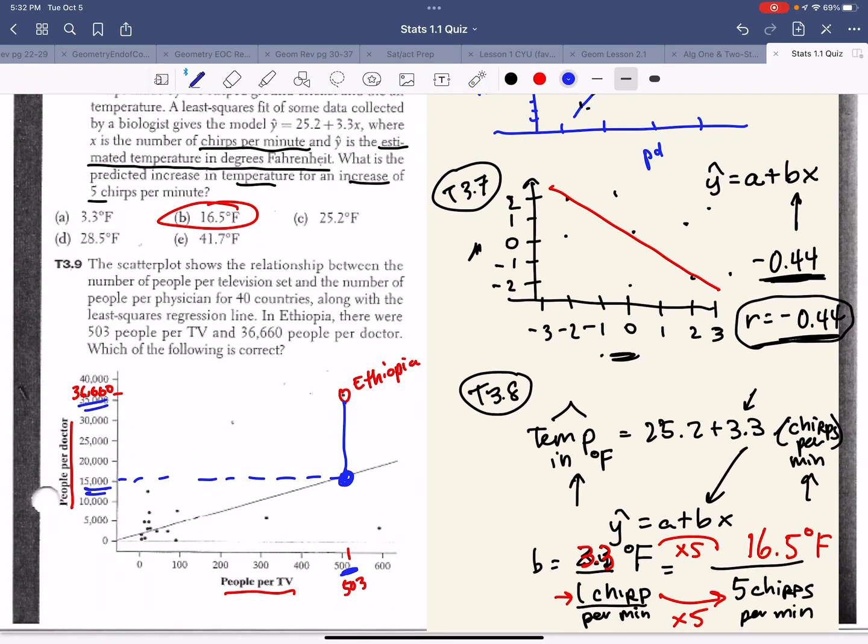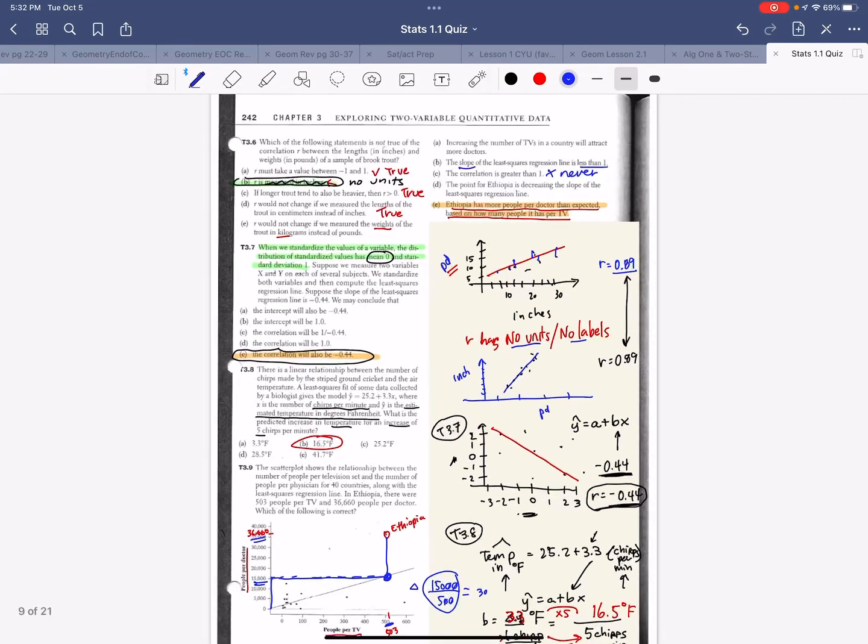Looks like I went changing my rise over run, right? So I went up 15,000. I went over 500. This is definitely a number greater than 1. Way greater than 1.